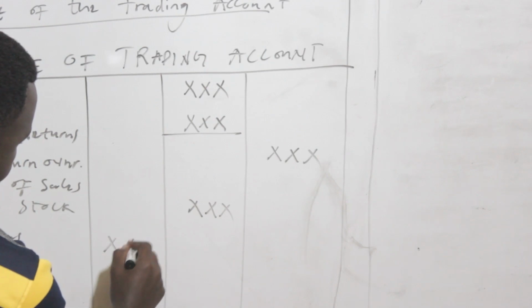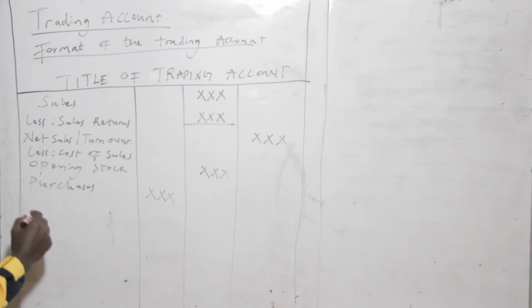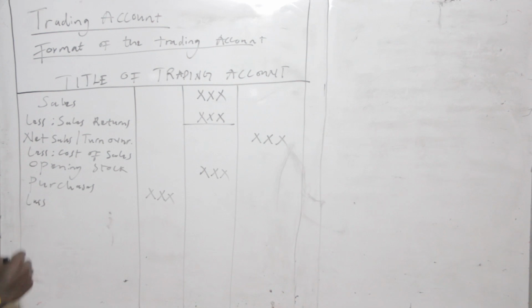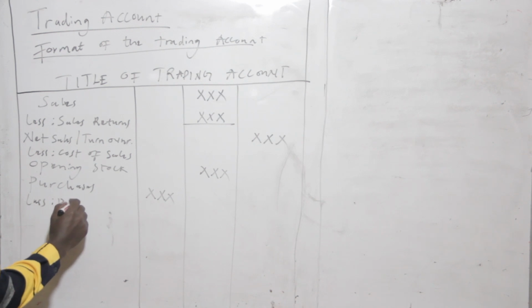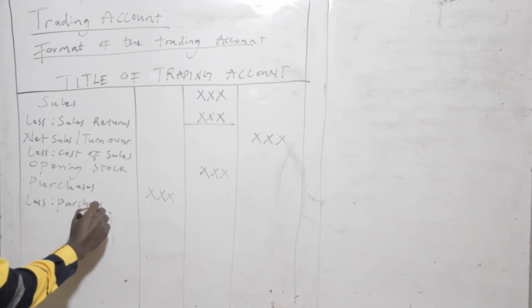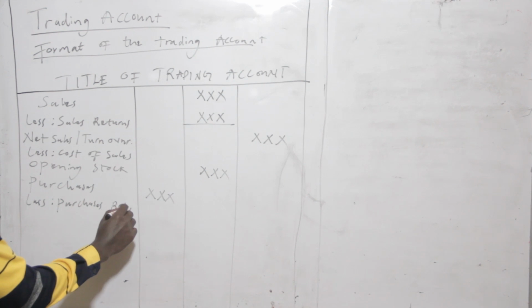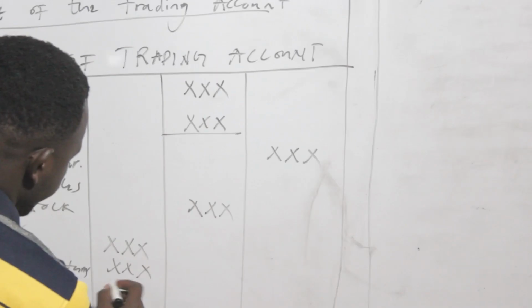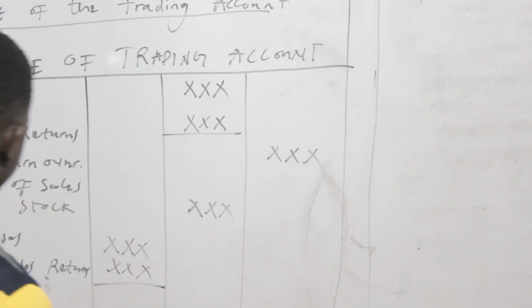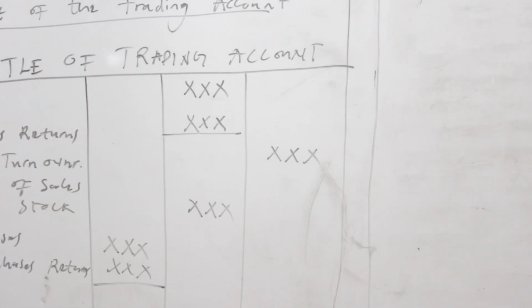Purchases you're going to put here. Then you say less purchases returns, and we know that purchases returns are also referred to as returns outwards. So less purchases returns. So when we find the difference there, we are going to get net purchases.